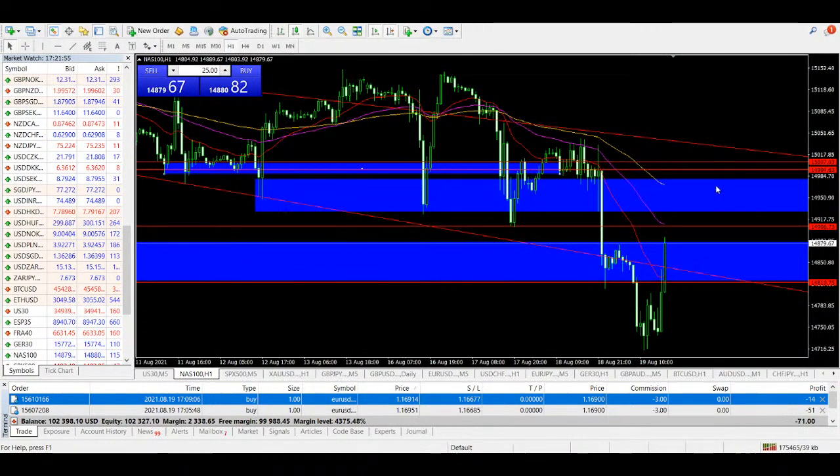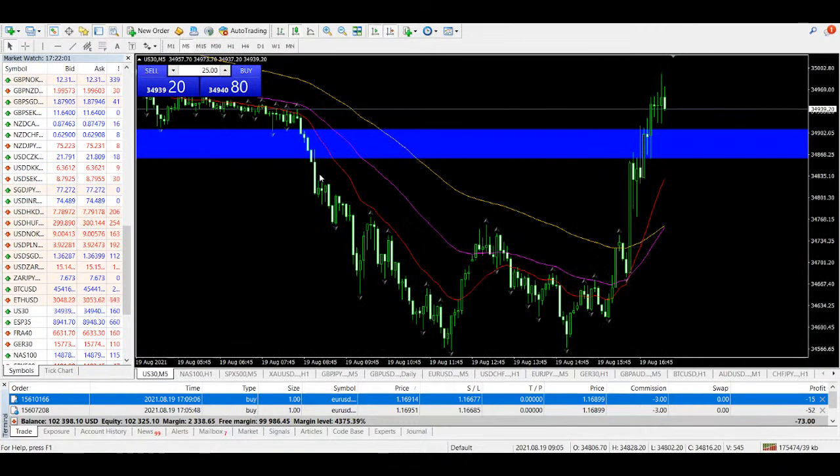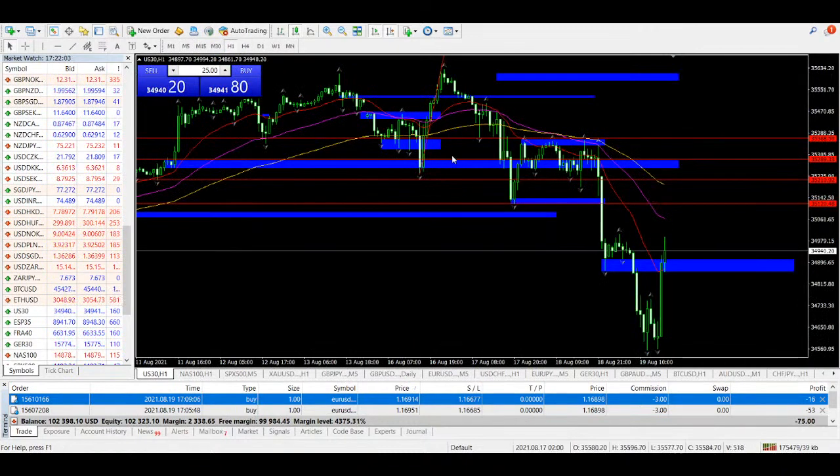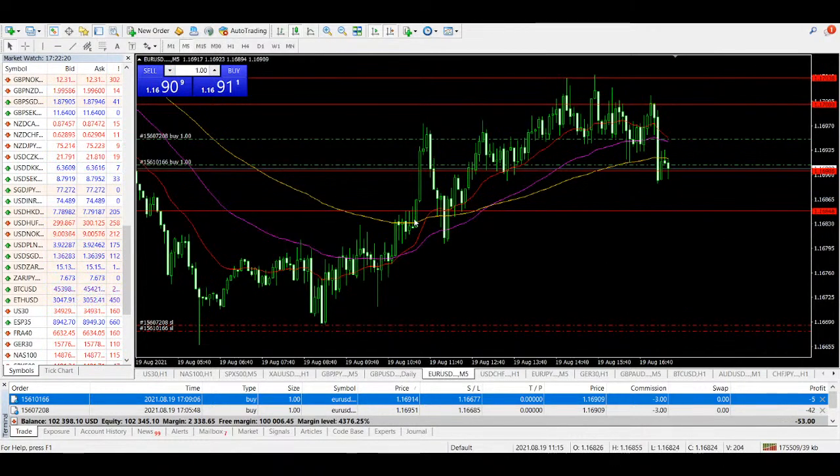So maybe into here and down again, or above it, pull back and then up again. But I wonder, it's a hard market today. You're short EU, okay, cool. I think the EU is not really going to do anything.